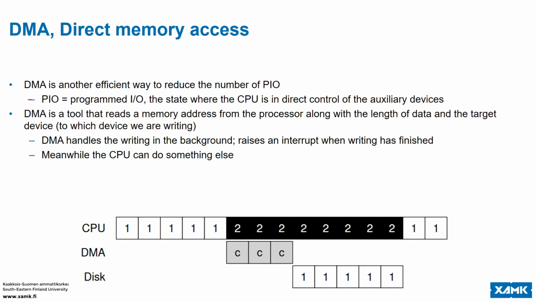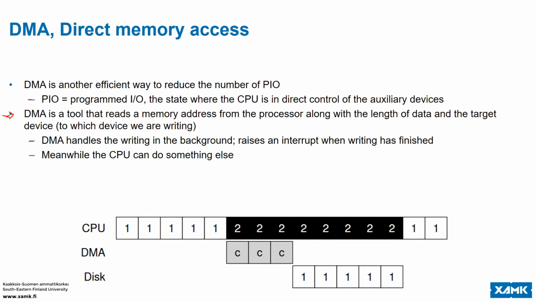Direct memory access is a tool, or more like a protocol, that different devices can implement, where the DMA reads a memory address from the processor along with the length of the data that is supposed to be processed, and the name or address of a target device to which we are currently writing or reading from.